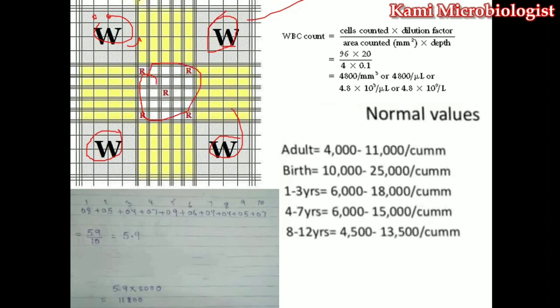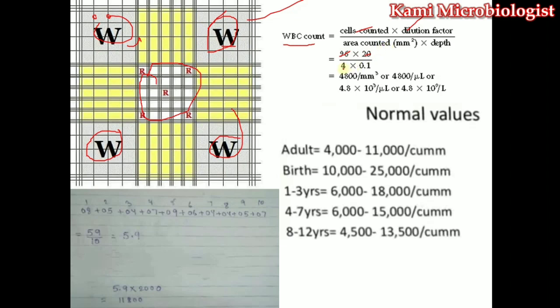Once you count the white blood cells at the 4 corners, you have to calculate. You count the cells and multiply by the dilution factor. Let's suppose we have a count of 96 cells, and we multiply it by 20, the dilution factor.